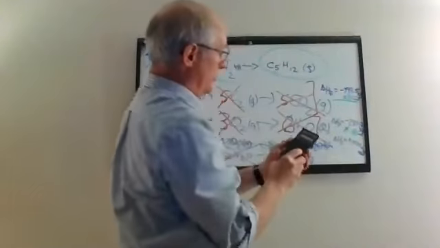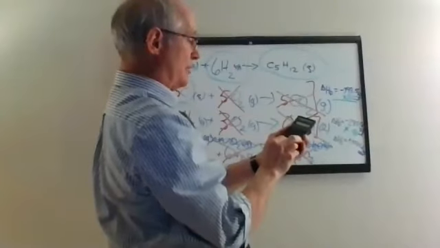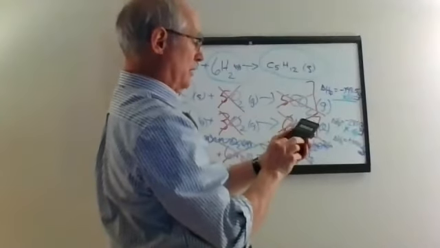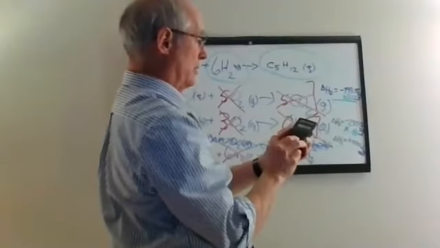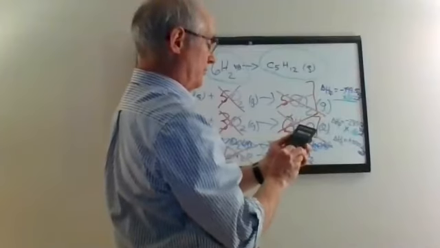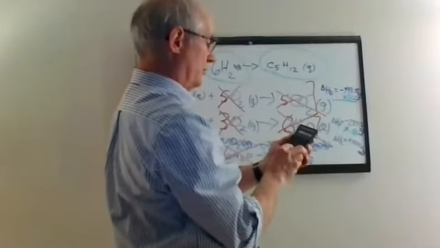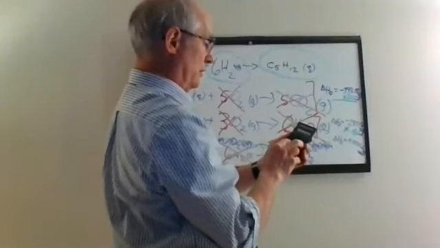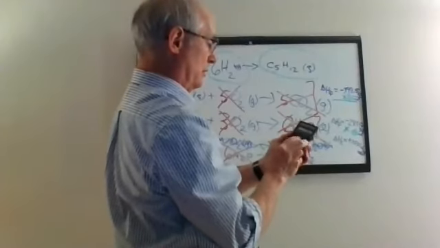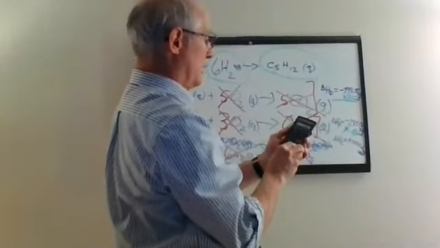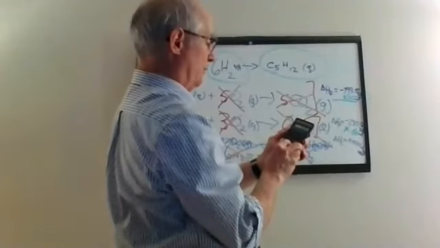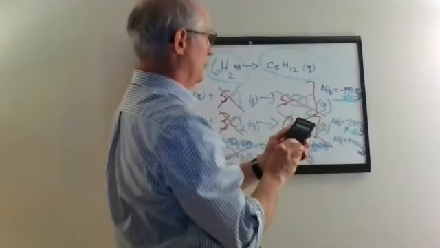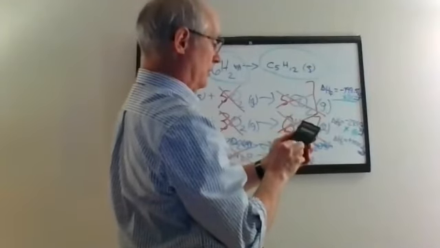Let's start here. 3535.6, this dime store calculator, minus 6 times 285.8, minus 5 times 393.5.